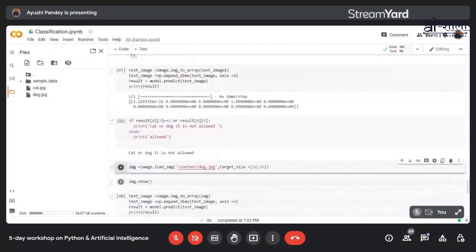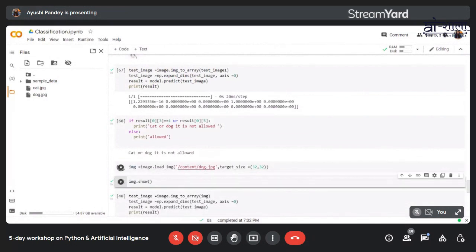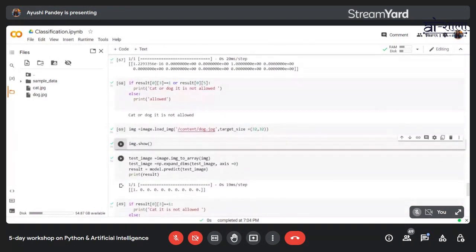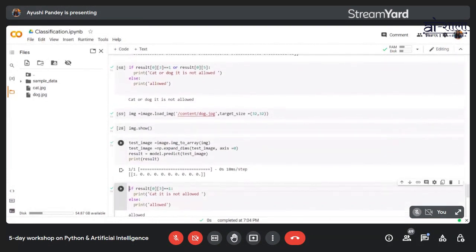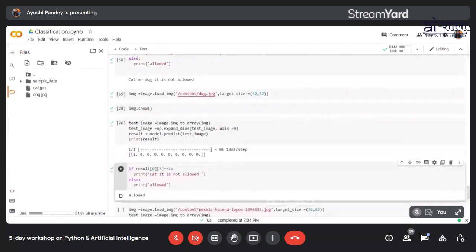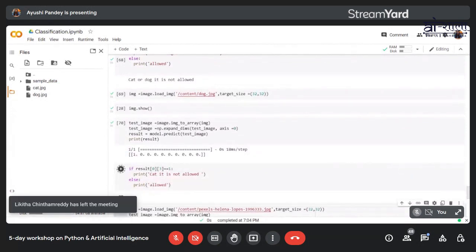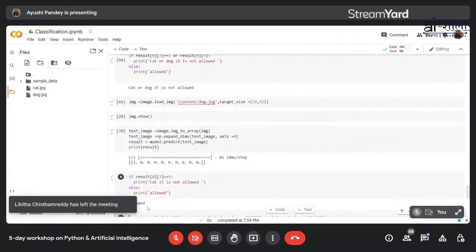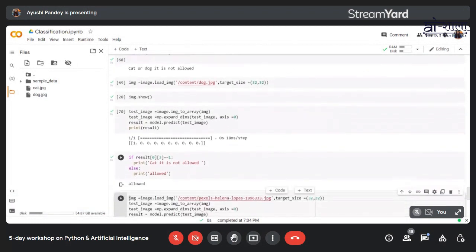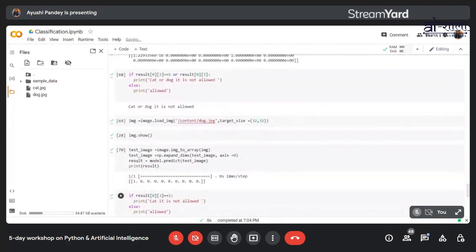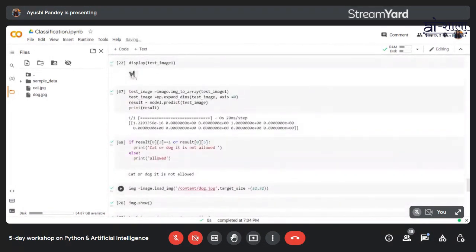Let's see if it's able to detect the image of a dog. It's saying allowed, so it's not able to detect the image of a dog. The accuracy was less, so there is an issue, and I will retrain my model with some changes.